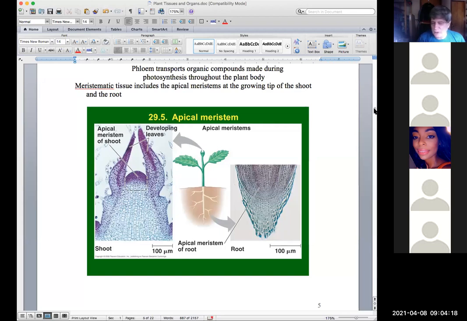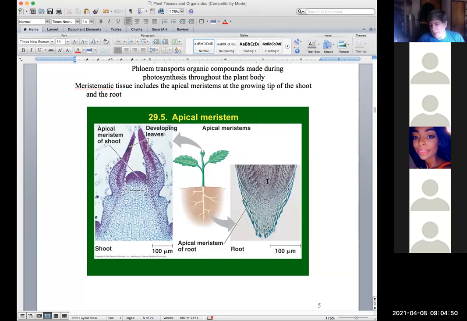And the slides that we looked at of mitosis were actually slides just above the apical meristem in an onion root. And the reason we looked at those was because those cells are dividing very quickly by mitosis. So you can see all the different stages. You can see prophase and metaphase and anaphase and telophase, and you can see some cells that are between divisions that are in interphase.